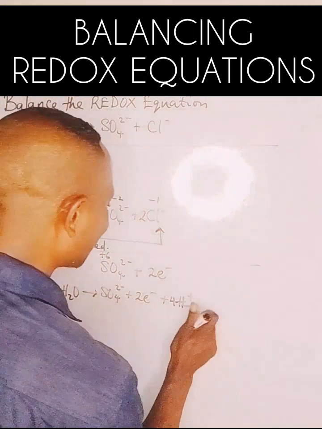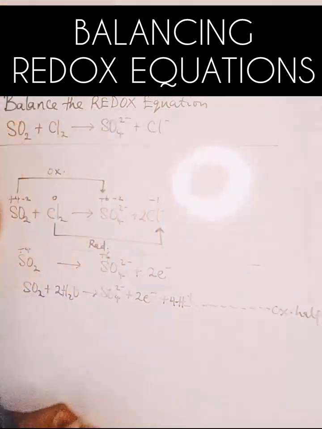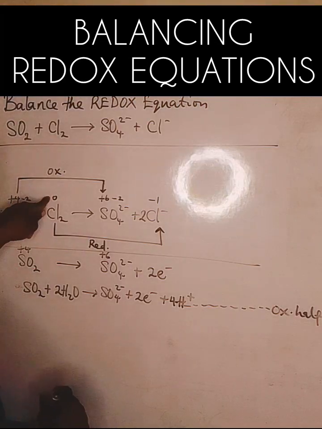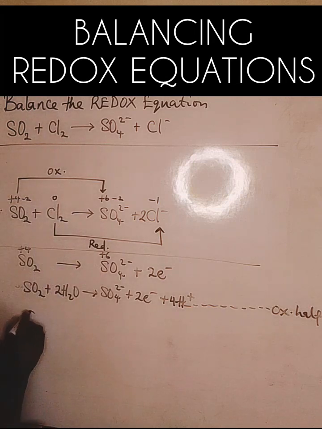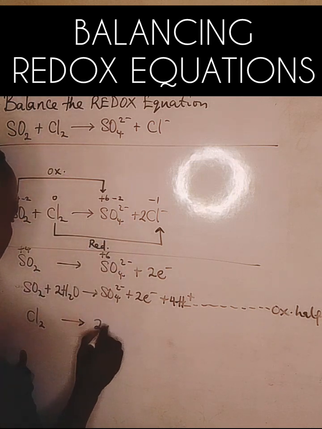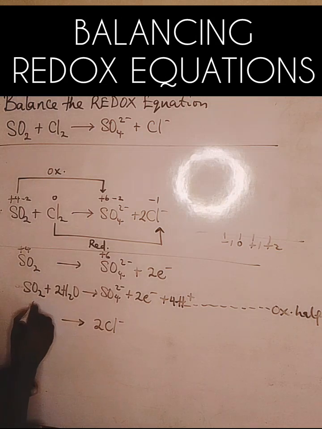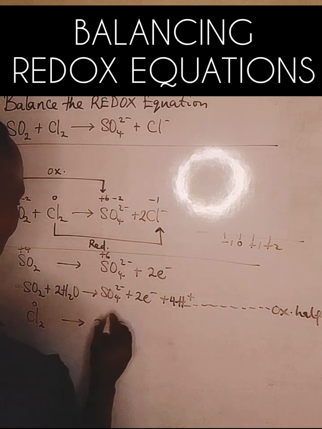So this is the balanced half equation, oxidation half. Now let's go to reduction half. Chlorine molecule changed to 2 chloride ions. How many electrons? Oxidation number of chlorine changed from 0 to -1.